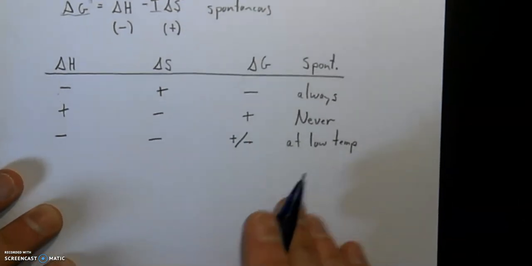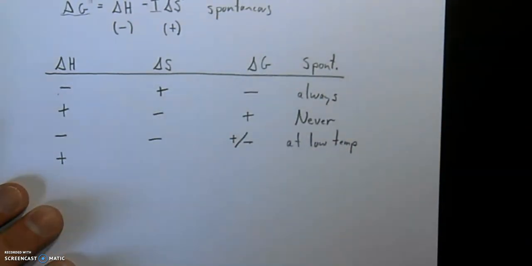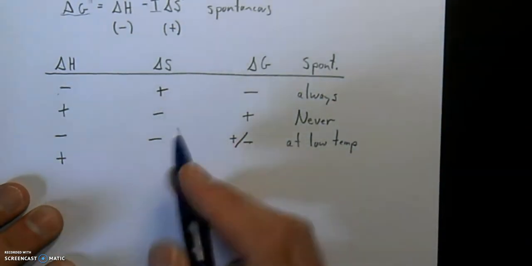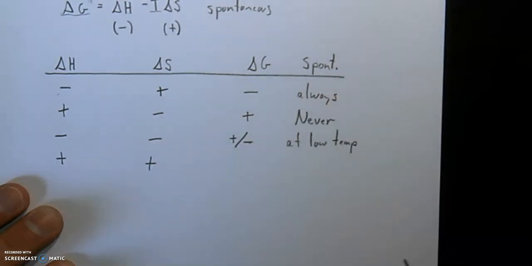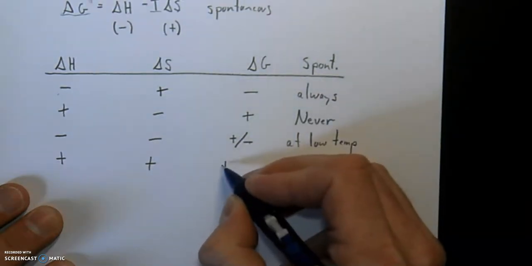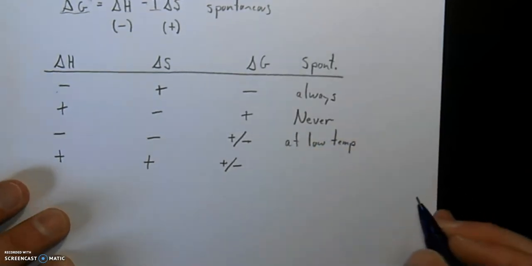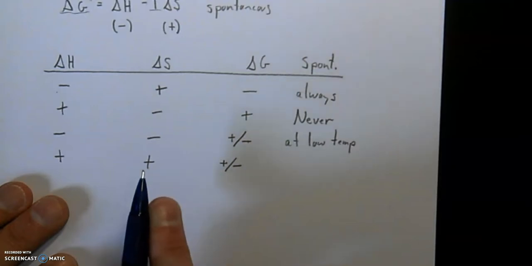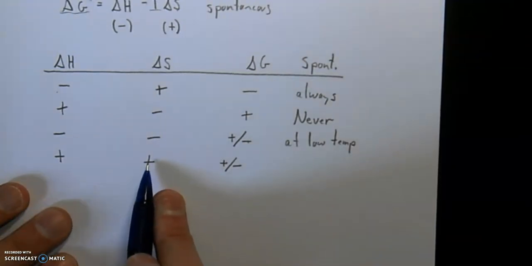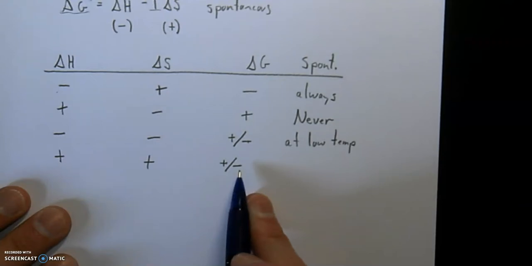And then just the same kind of thinking, if this is working against a spontaneous reaction, positive, and this is working for spontaneity, I still have the same set of circumstances. Maybe it is, maybe it isn't, spontaneous, delta G. When is this going to be likely to occur? Well, positive means spontaneous, and if I want this to be the overriding factor, overriding delta H, I need the temperature to be high.